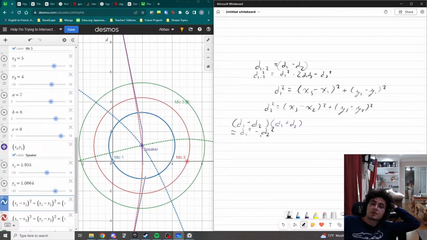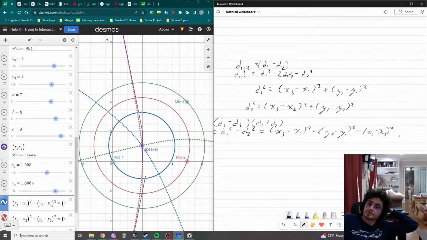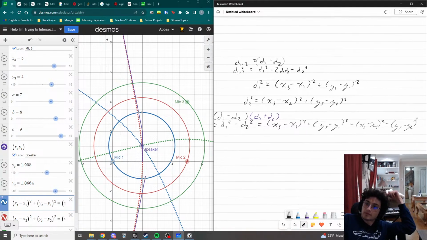And so that's equal to (xs minus x1) squared plus (ys minus y1) squared minus (xs minus x2) squared, nope, minus, also minus (ys minus y2) squared.